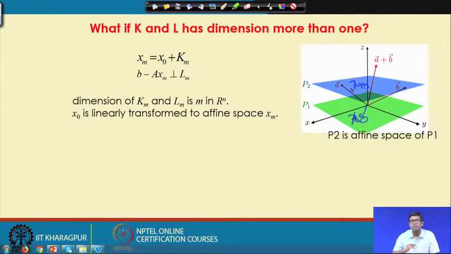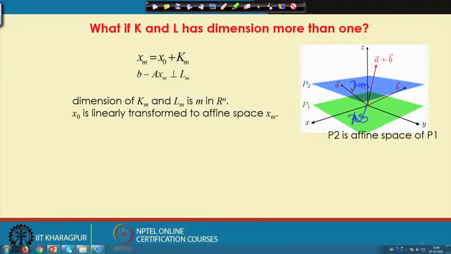So, it is not exactly a vector space because it does not contain the origin right now. We call it an affine space, that is parallel to the vector space where x_0 was belonging. It is a parallel space to that and shifted from the origin by the subspace K_m.